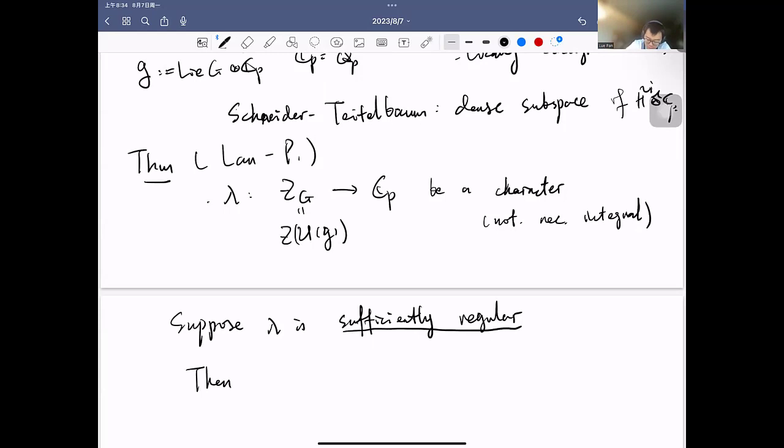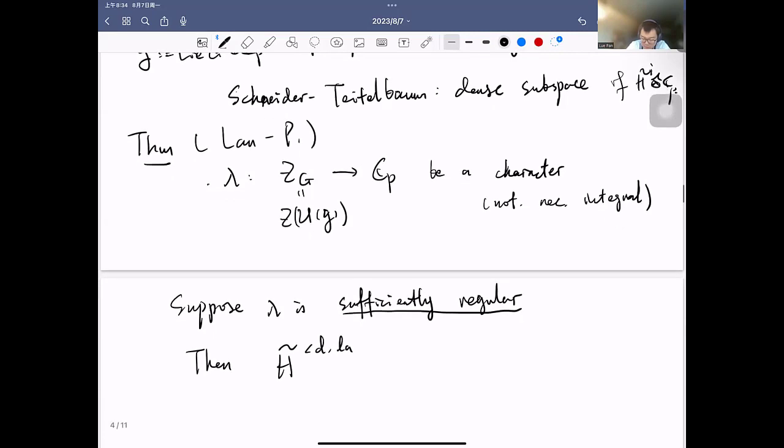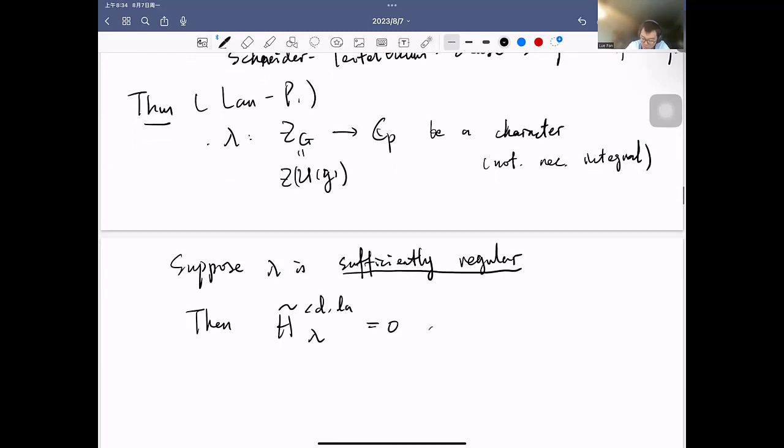Then if you look at the locally analytic vectors of this completed cohomology, and if you look at the lambda isotypic part, it's actually equal to 0. Here this means the lambda isotypic part.